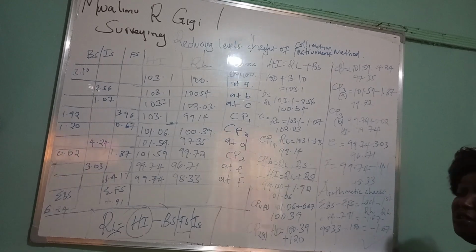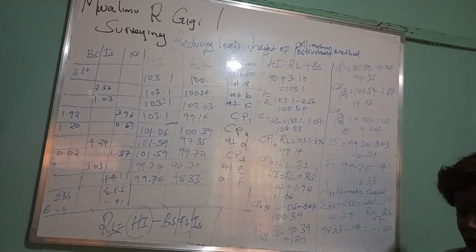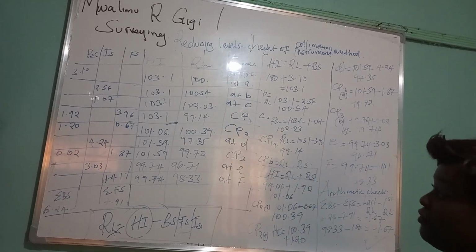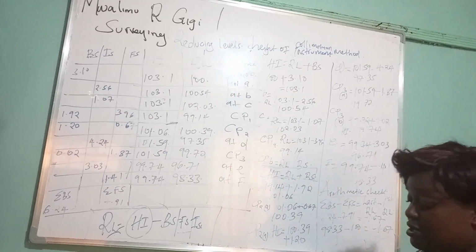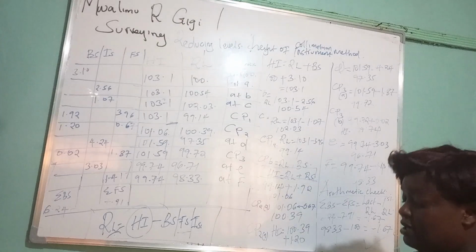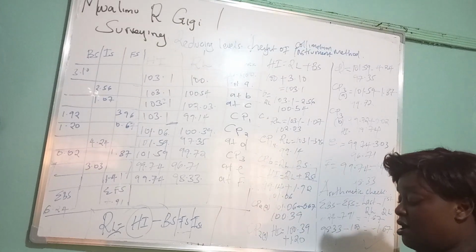So we have reduced our levels correctly for this data. So that is the method of reducing levels.